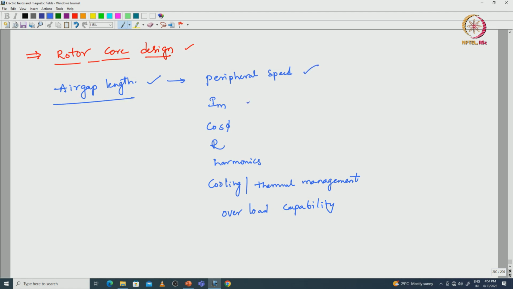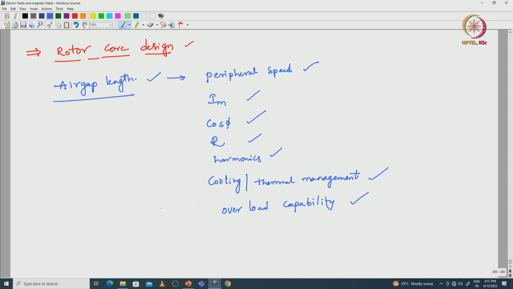So, peripheral speed, magnetizing current and power factor, reluctance variations, harmonics, cooling or thermal management, and overload capability: based on these, we have to select the air gap length. The approximate air gap length equation is Lg = 3 × 10^-3 × square root of (p/2) × pole pitch tau p.